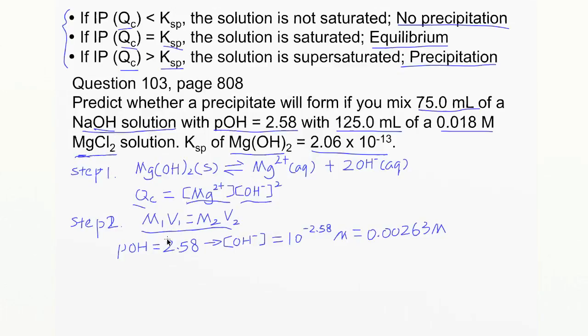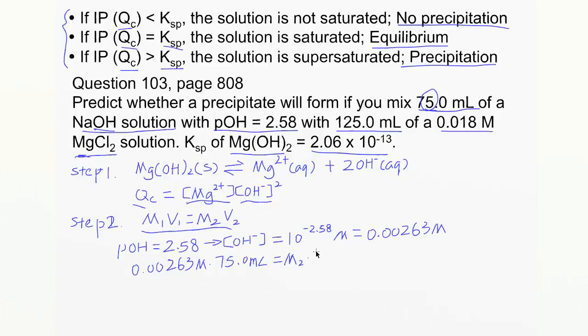After you mix the two solutions, M1 is 0.00263 mole per liter times the corresponding volume, and that is 75.0 ml. That equals M2, which is what we need to calculate, times V2.